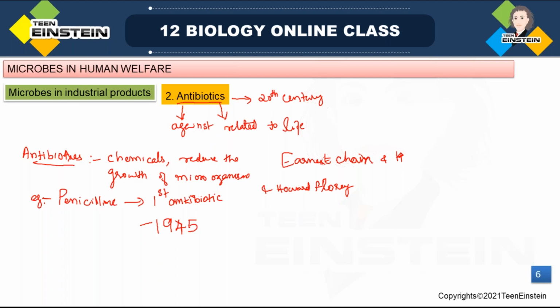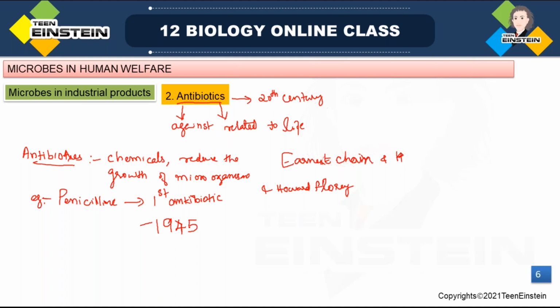So they came to know that due to the presence of some chemical released from this new mold, Staphylococcus could not grow. They named the mold Penicillium notatum, and the chemical released from it was called penicillin.